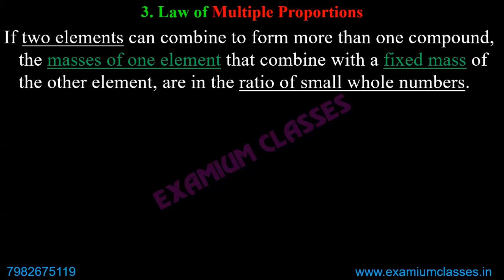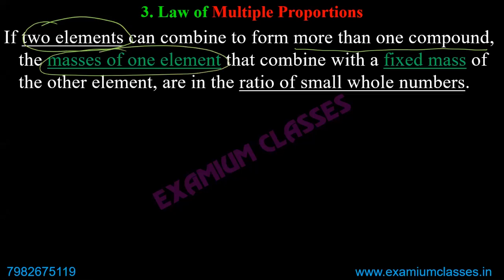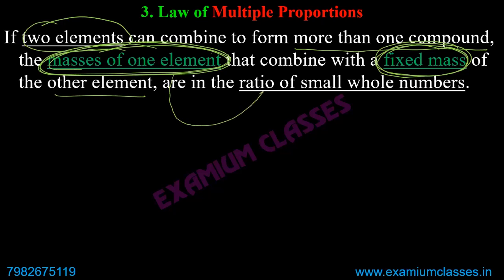Now read it. If two elements can combine to form more than one compound, as I said, H2O and H2O2, the masses of one element that combine with a fixed mass of the other element, so masses of one element means we are talking about the ratio of this one, when we have fixed the mass of the other element, then the ratio of the masses of this element will be in simple whole ratio.